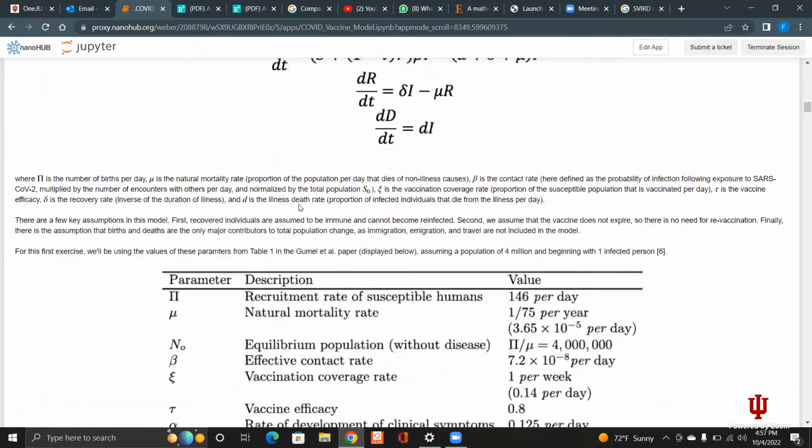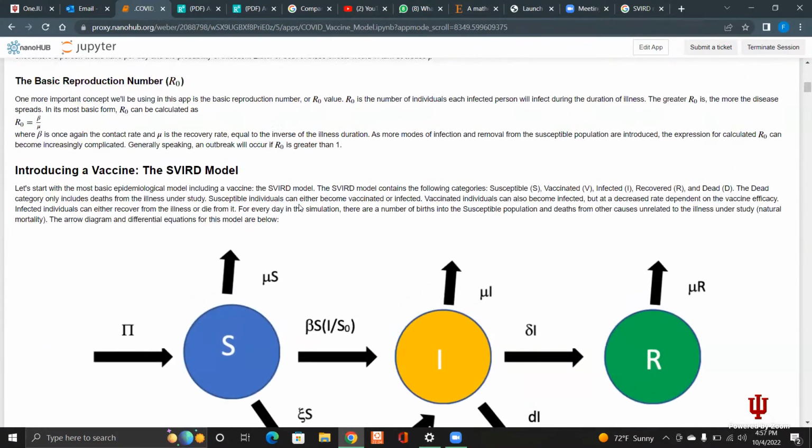So it's based on the SVIRD model. That represents S for susceptible, V for vaccinated, I for infected, and R for recovered and dead.